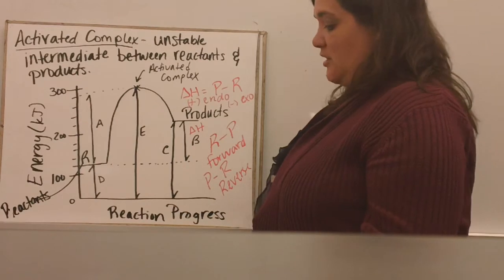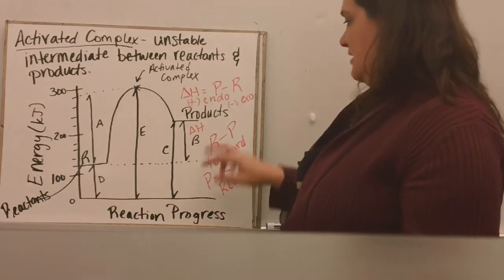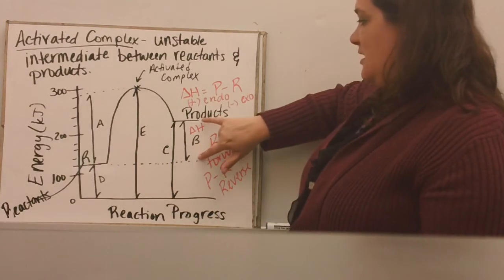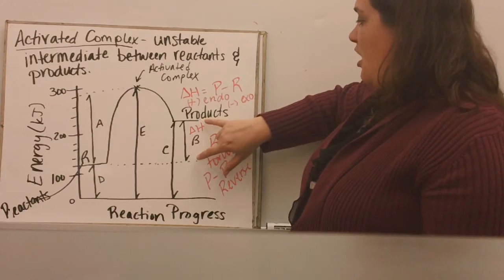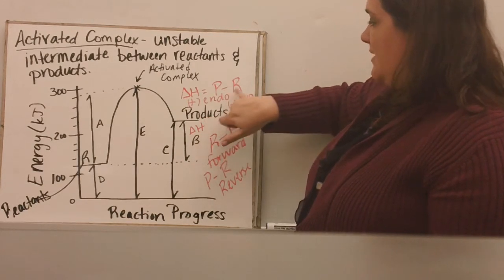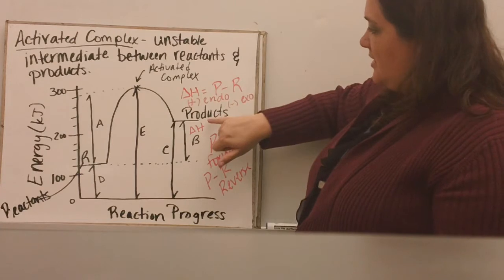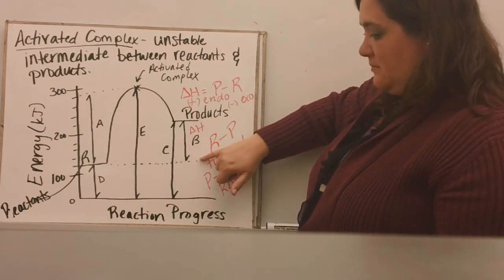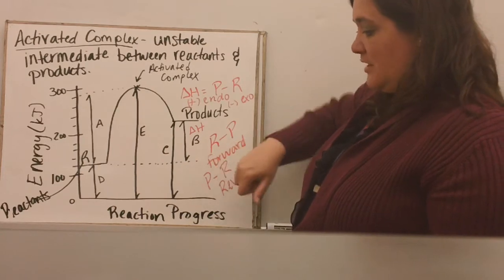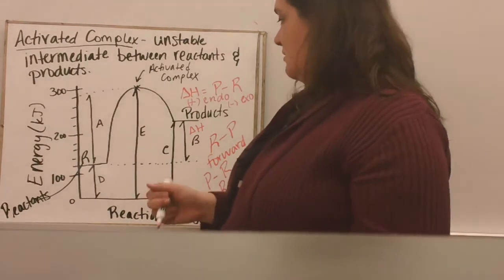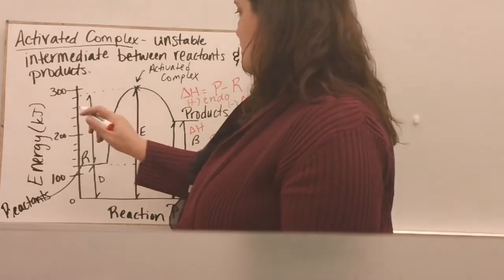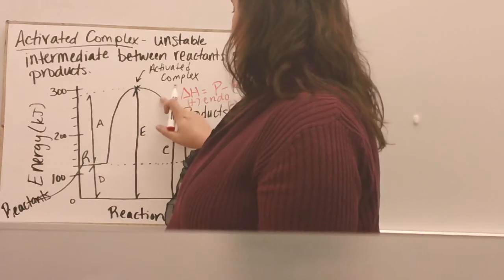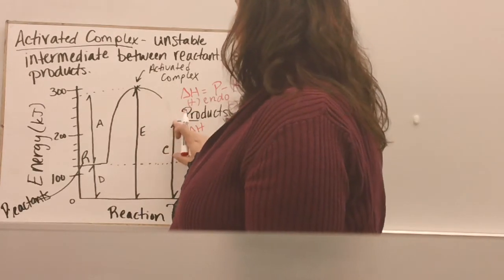Number 3 wants to know what the delta H is. Delta H is the difference between the energy of the reactants and the products, always products energy minus reactant energy. And so that's going to be 220 minus 120. Oh, actually in your diagram it's 260. My fault. So it should have been up here. Sorry, your diagram is different.